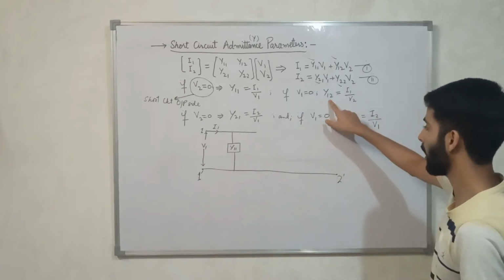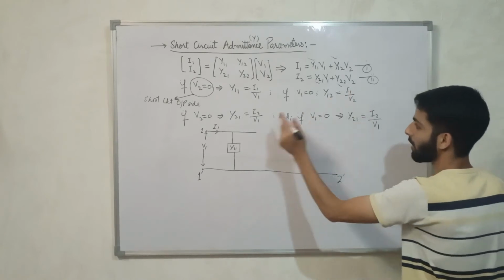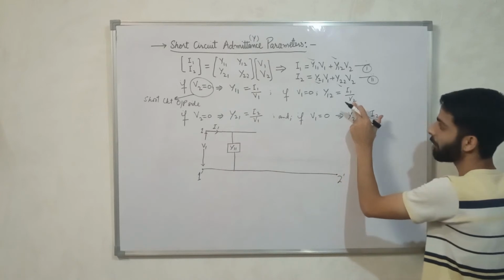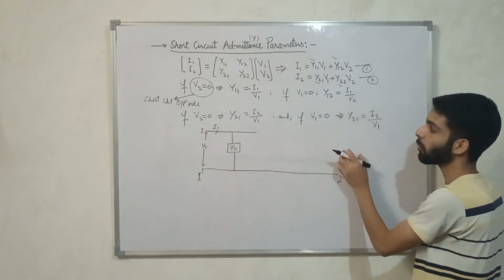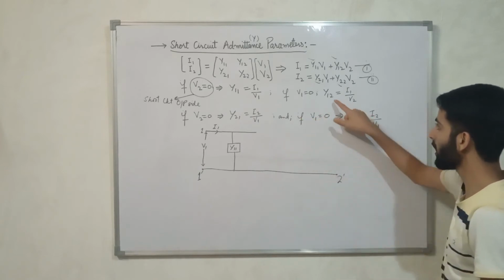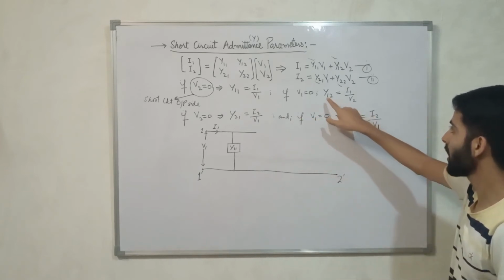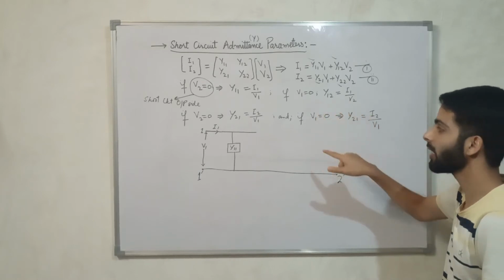And y12, if we have to write y12, it has current I1, that is here, but voltage V2, which is not here, which is on the other side, that is the output side. So we would have to keep voltage V2 with it. If we keep voltage with admittance, then it becomes a current source.